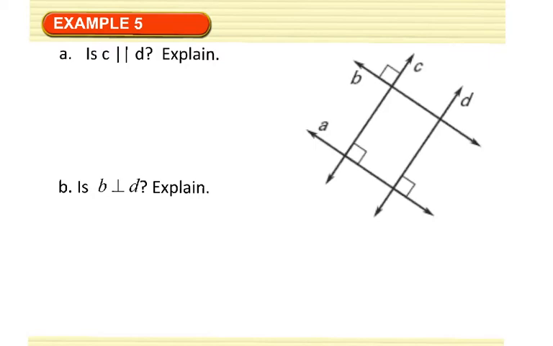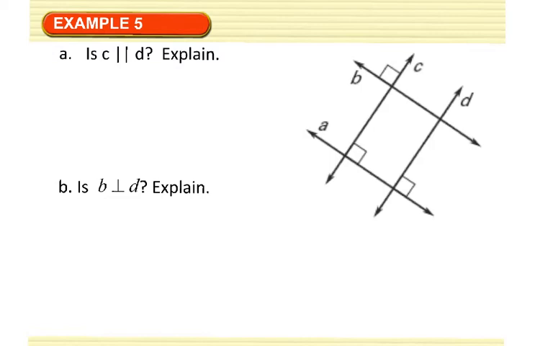Okay, in this last example I have for you, we're going to be answering these questions and then explaining. The explaining is going to come from our theorems that we just looked at. Okay, so the first one asks, is C parallel to D? Well, the answer is yes.